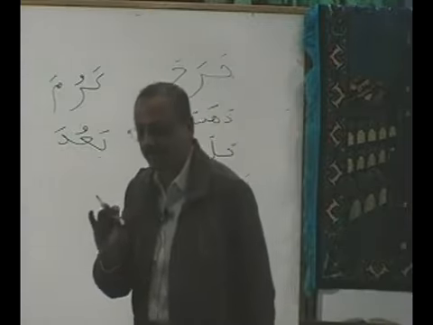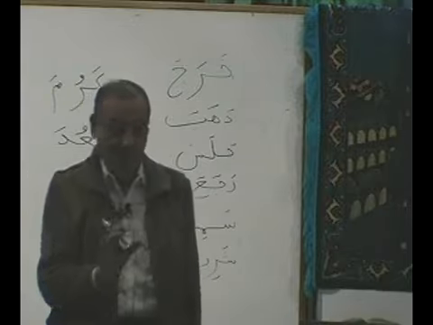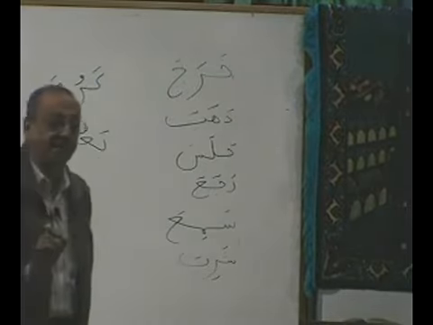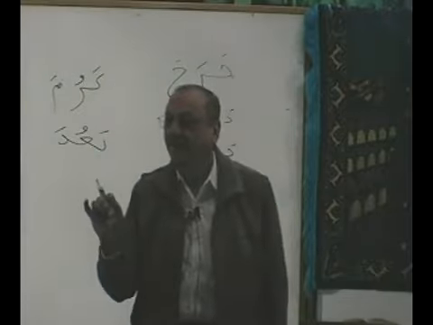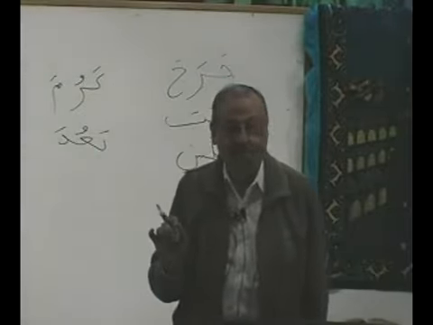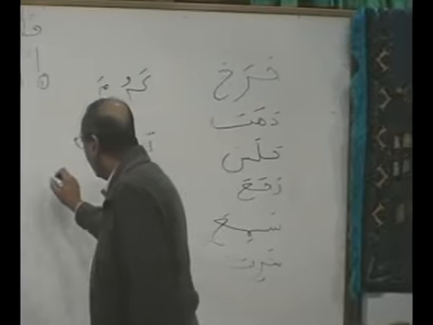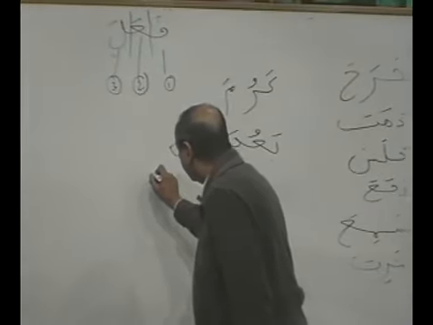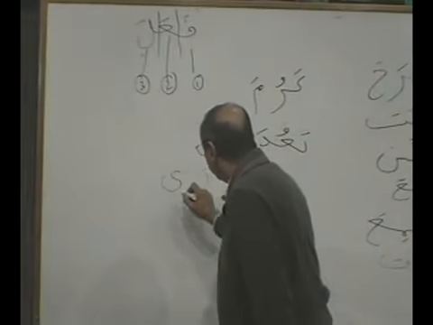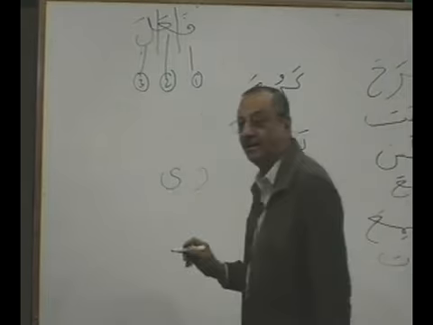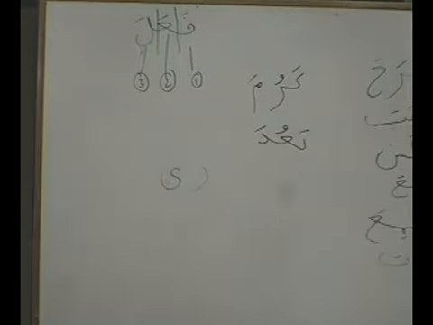Any verb, brother and sister, whether it has fa kalima or ain kalima or lam kalima, if it has vav and ya, are you with me? If it has vav and ya, then it is a weak verb. What is it called? Weak verb.